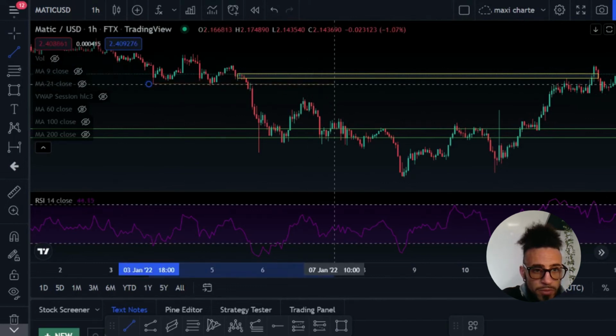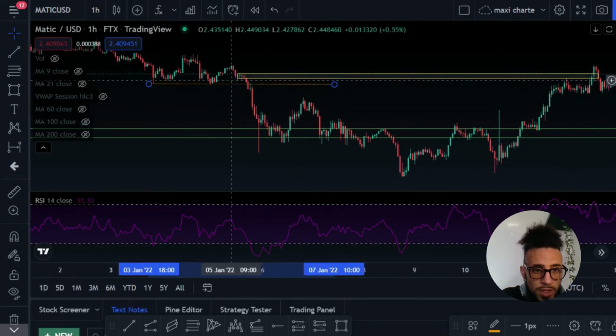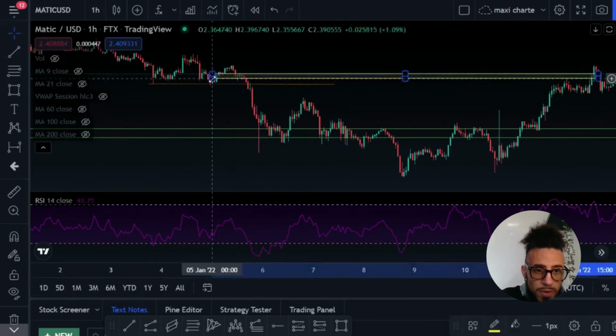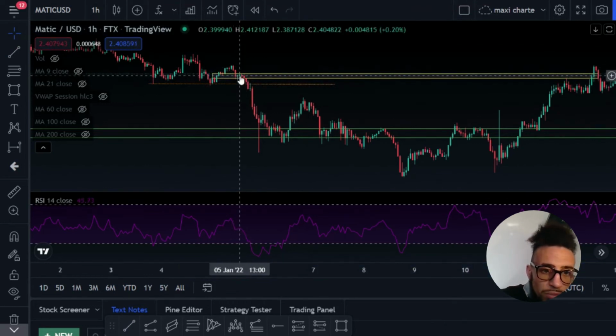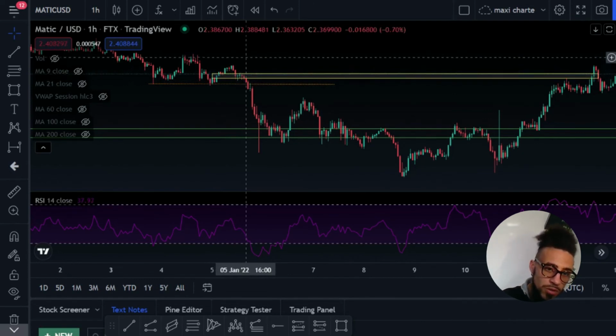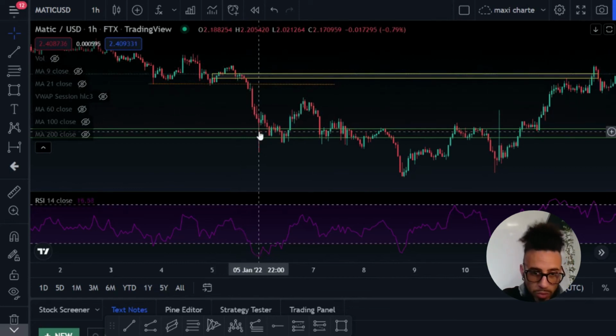So let's study the chart a little bit more and see what it does. If you were a long-term investor and you'd have bought here, you can see that the price would have gone slightly lower, so you'd have been in the red for a little bit. To be more precise, you would have been in the red from here to here for 2 days and 11 hours, after which you would have flipped back up.